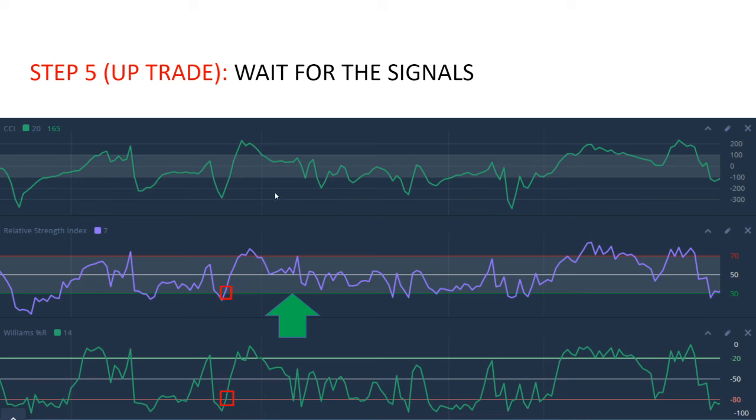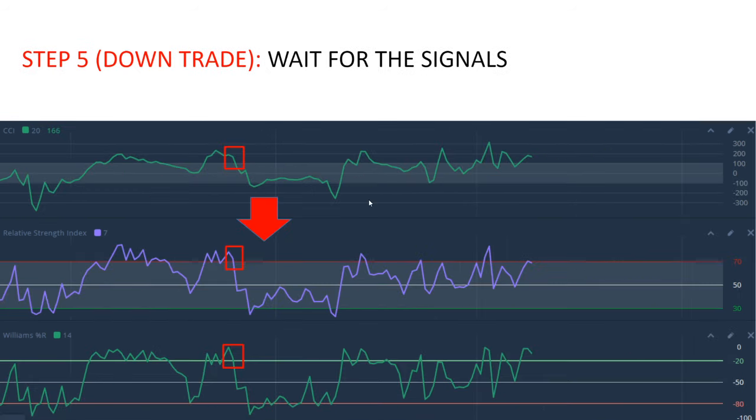And we have the same situation on the Williams percentage R. I can't show you with my mouse because I'll have my little settings display pull up. But you can see that once again, our signal is the line is returning from the oversold area back towards the normal range.